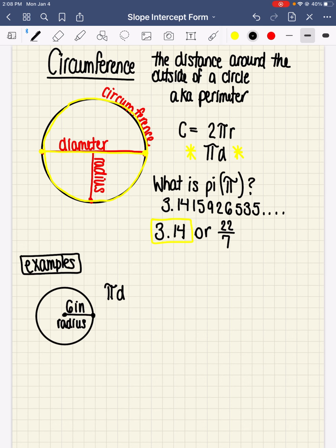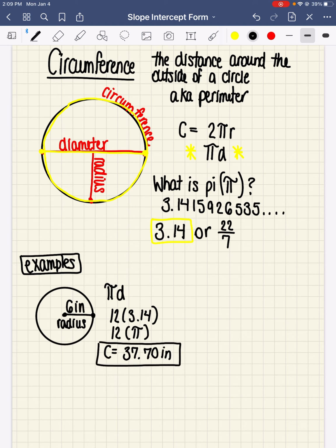So I'm going to do 12 times 3.14, or 12 times pi if you're using a calculator. When I type that into my calculator, I'm going to get a number with a pretty long decimal, and I'm going to round that to the nearest hundredth. That's 37.70 inches, because that's my measurement there. There we go. Example 1 is done.